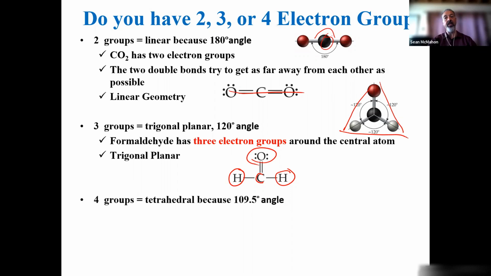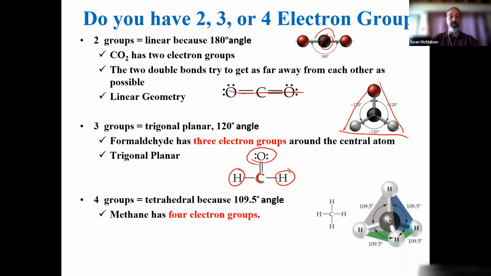The hard one is when there are 4 electron groups. When there are 4 electron groups, when we draw the structure, we might think, oh, I got a line here, I got a right angle, right? And that would be 90 degrees. But in actuality, that's not true. And this is where with Lewis dot structures we need to be careful, right?